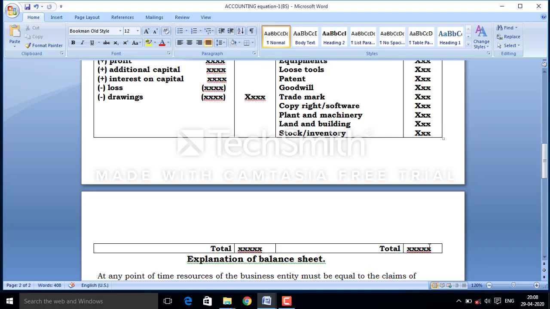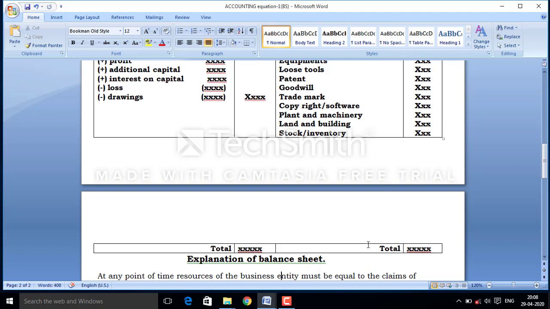If there is a balancing figure on either side while totaling, it means the accounting equation is not made properly, or the effect of the transaction is not shown properly. Due to an imbalanced accounting equation, both sides will be imbalanced.